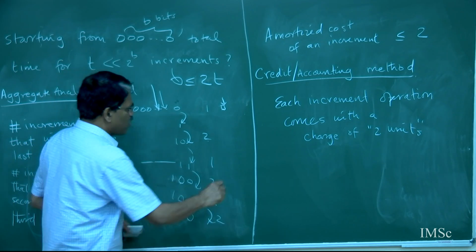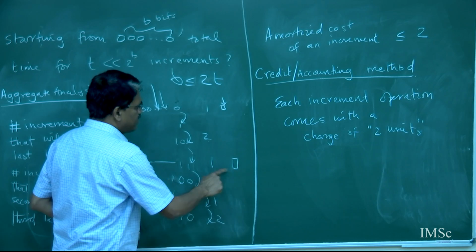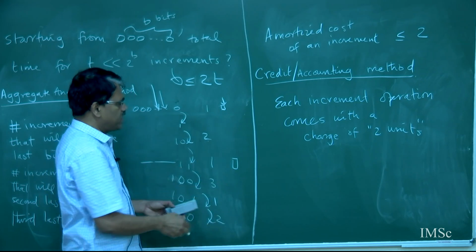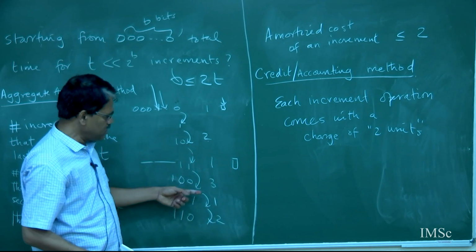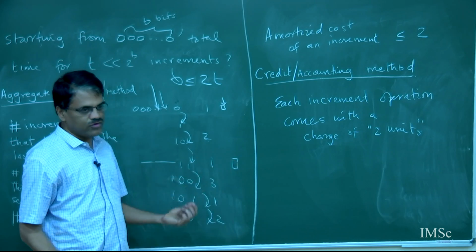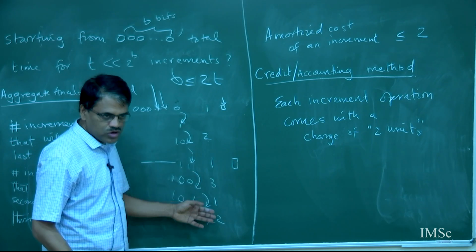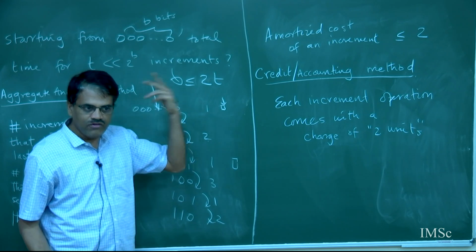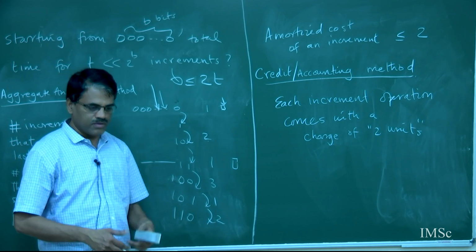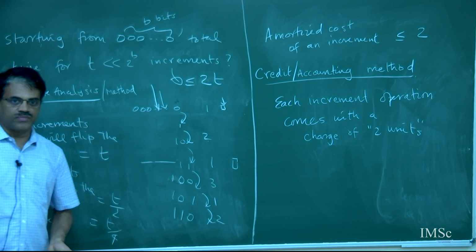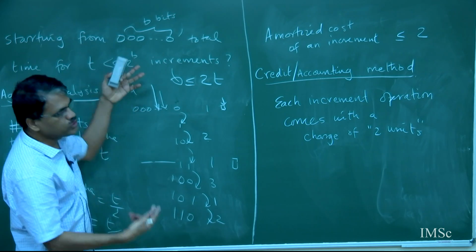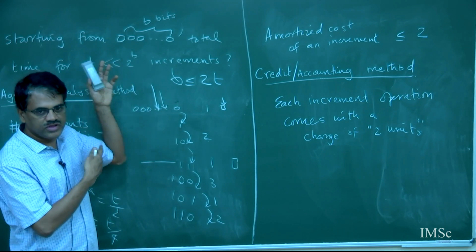And then there is an extra 1 accumulated here because this uses only 1. So there are 2 units of the charge in the data structure, but this requires 3, so this requires an extra 1. It will take it from here, and still there is 1 there. So if I give everybody 2 units, everybody will pay for it either with the charge it's coming with or from the data structure, then the average cost is 2. So amortized complexity of this thing would be 2.